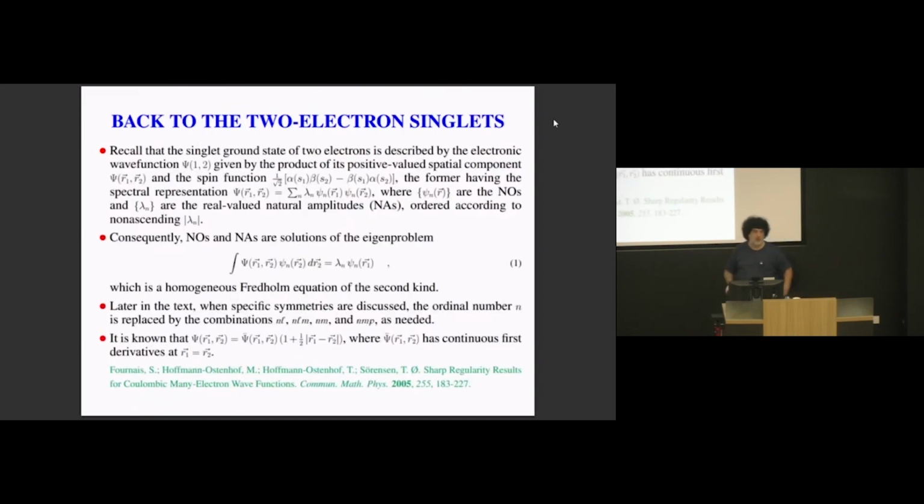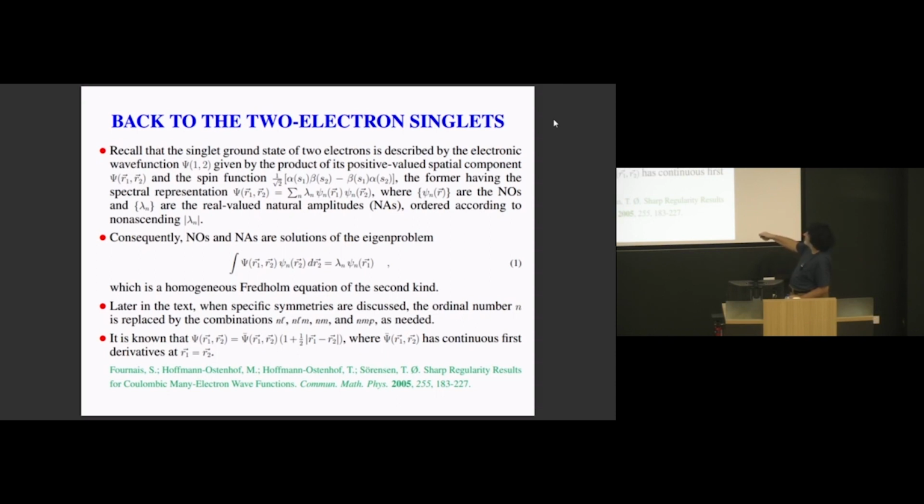All right, so that's what has been known until a few years ago, and now I would like to move to what's new in it. Can we explain those unexpected regularities in natural orbitals and so on? To do that, we'll first go back to this simple single ground state of 2 electrons coupled to a singlet state. Again, I just rewrote what I had on the previous transparency.